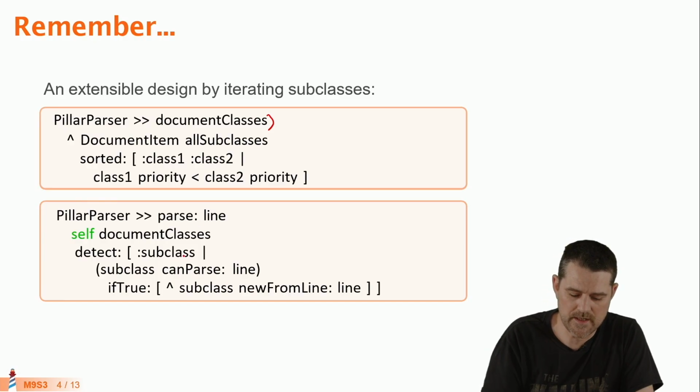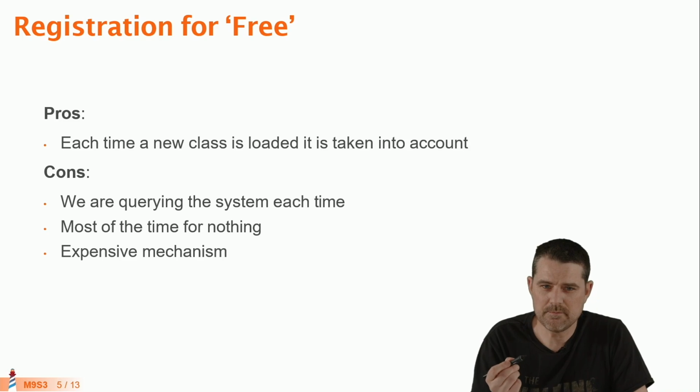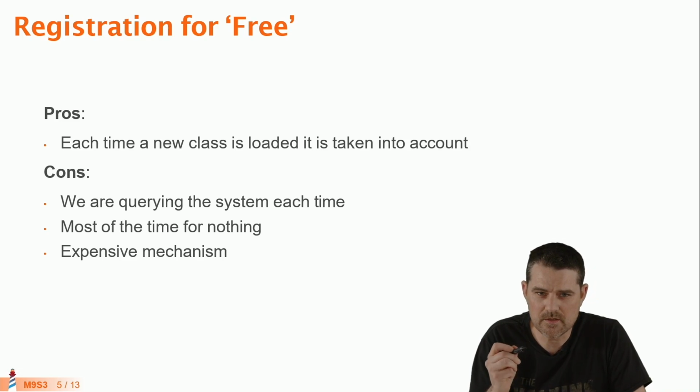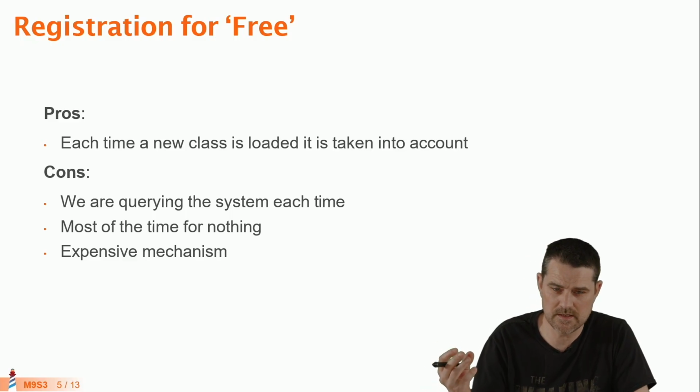And then to parse a line, we were able to dynamically select the right node that can parse a specific line. So this mechanism is a kind of pre-registration mechanism based on class methods. So it means that each time a new class is loaded in the system, a new subclass of document item, it will be taken into account for free. You have nothing to do as a programmer.